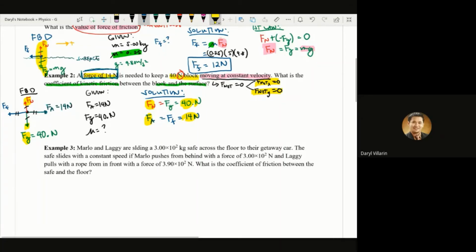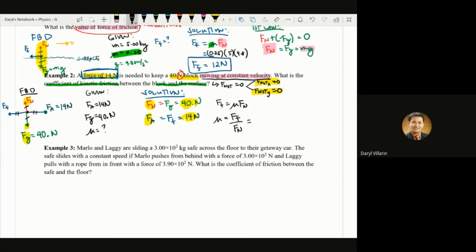Now, our starting equation would be, again, we're talking about friction, so the ideal formula that we'll be using is the expression for friction, and then you move from there. We're solving for mu, so that's mu equals Ff over Fn.